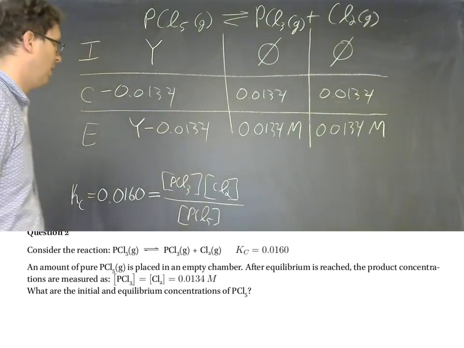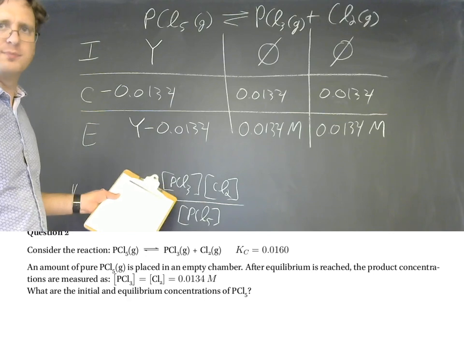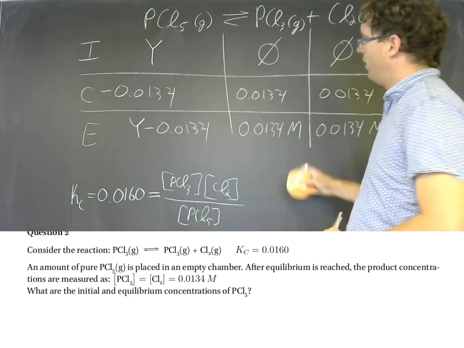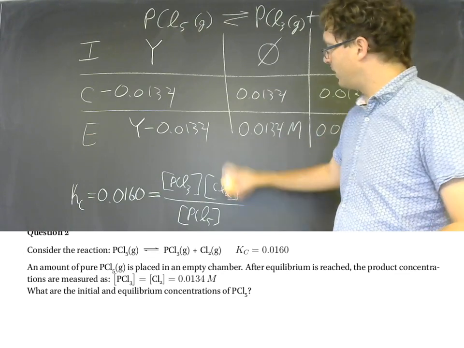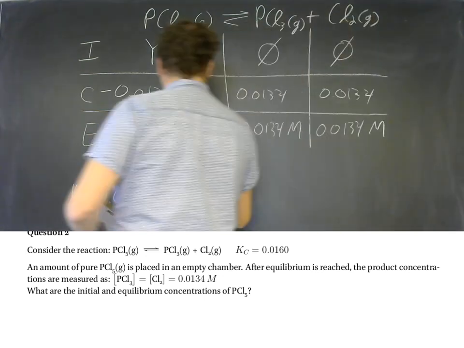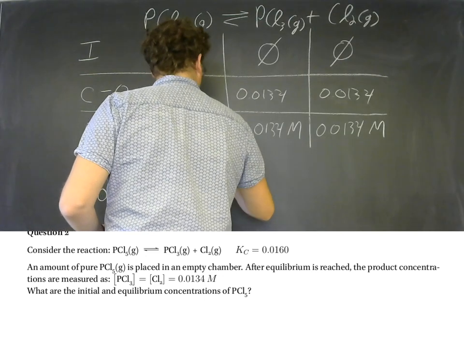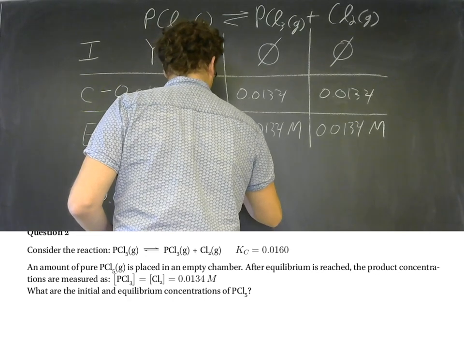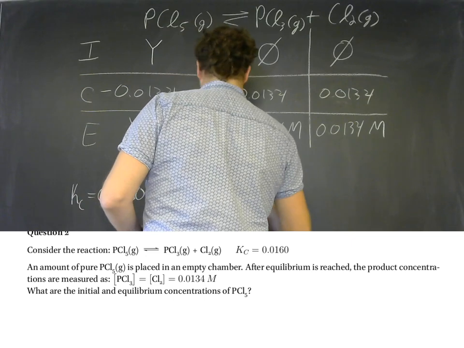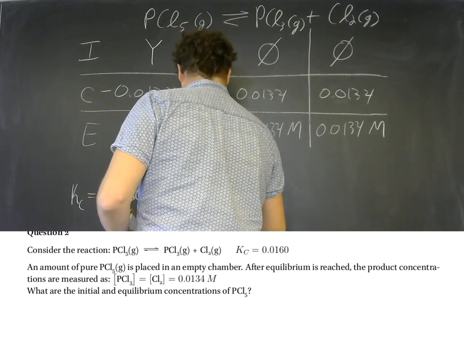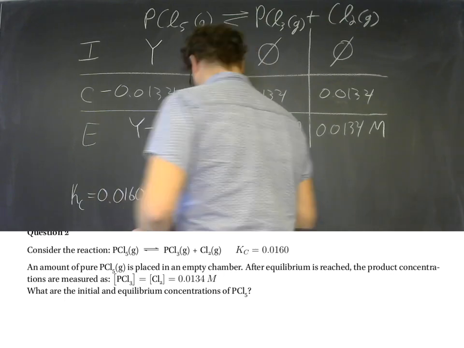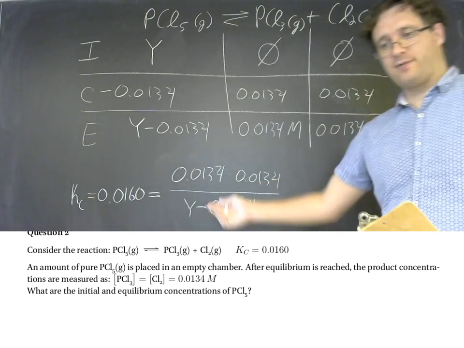We'll call it y. And here we have y minus 0.0134. Well, now we can solve this equilibrium expression just like before. We have values that we can plug in here. So we can say 0.0134 times 0.0134 over y minus 0.0134. And we just have the one unknown.